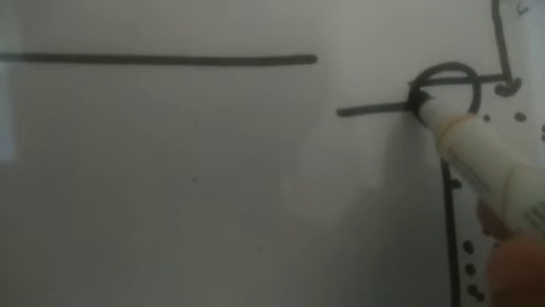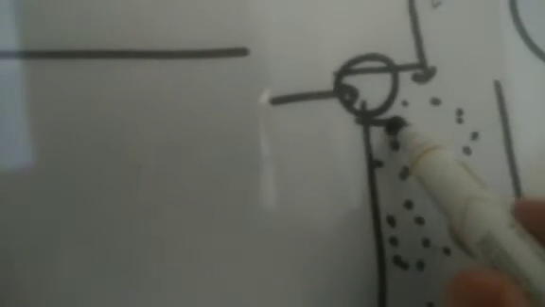Let's say we have the column here up to this. So this is the sample injection point, the sample which we want to separate, which has many components. The solvent is then allowed to flow from here.